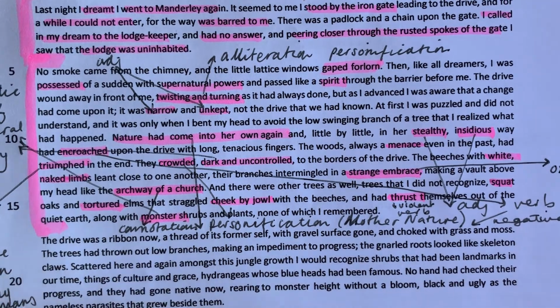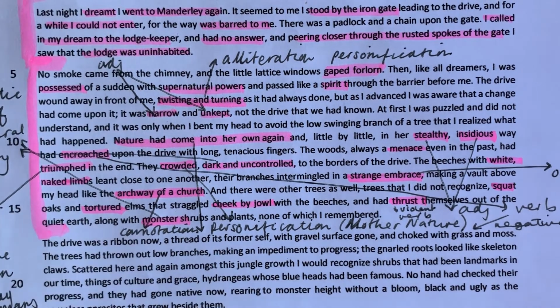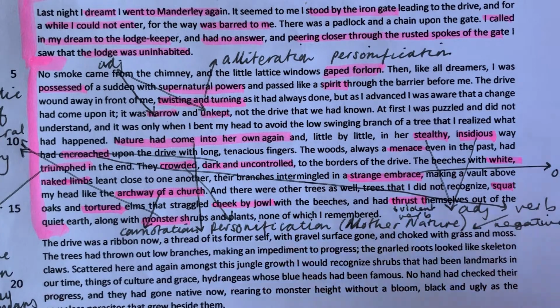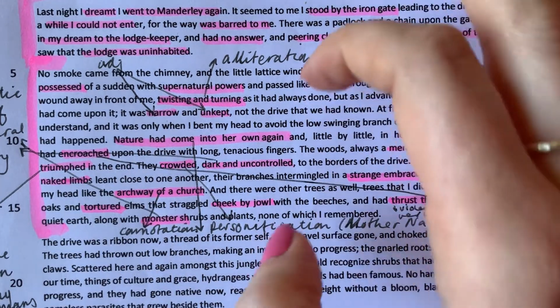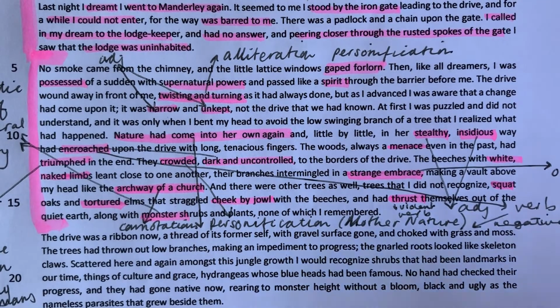Now that we've done all of this annotating. Obviously in the exam you don't have as long to talk through and work through as I've just done, but I think it's really important that you can stop and look at that paragraph and see how much there is in there. In a very short space you have tons of things that you could be talking about.